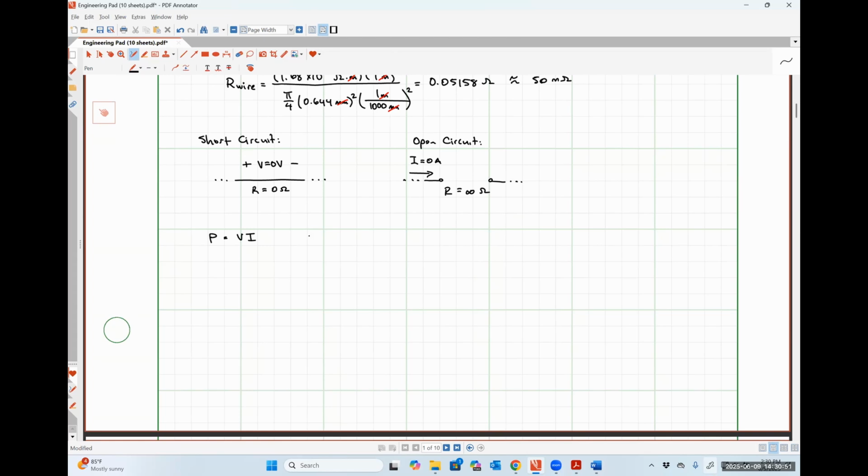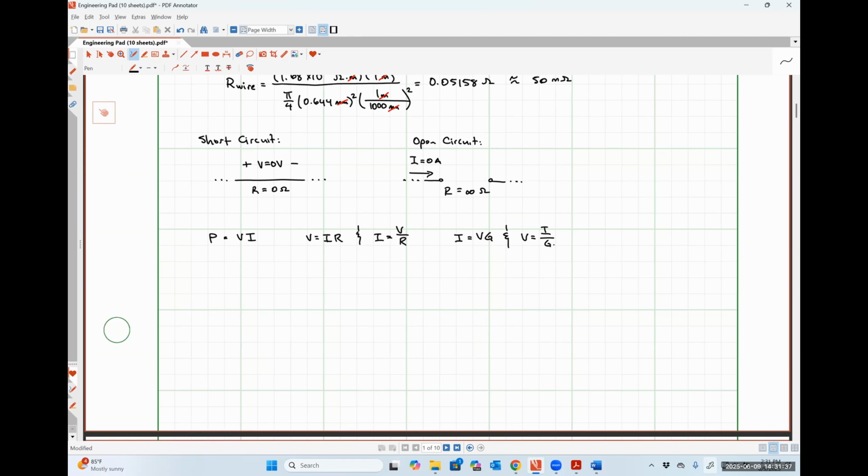And we can also say by rearranging our relationships that voltage, and this is just going to be Ohm's law as you guys are most familiar with it, is going to be equal to the product of resistance and current, which is the same thing as I is equal to V over R. And then in terms of conductance, we would have I is equal to V times G. And rearranging that, we would have V is equal to I over G.